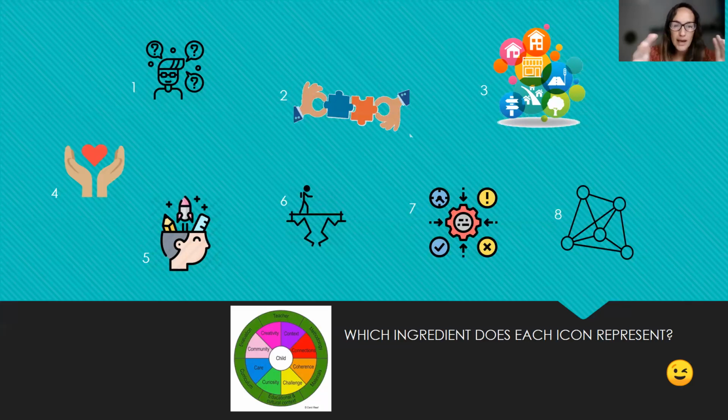Why do you think we have all those things outside the inner circle? What is the relationship between the inner circle and the outer circle of this wheel?